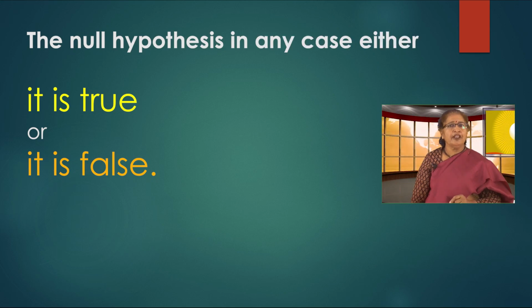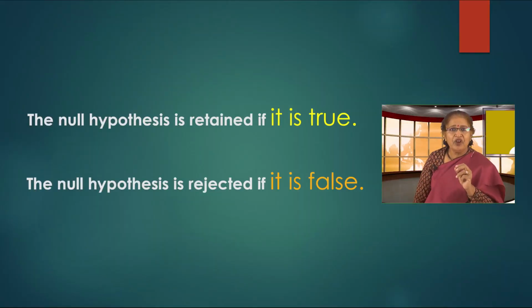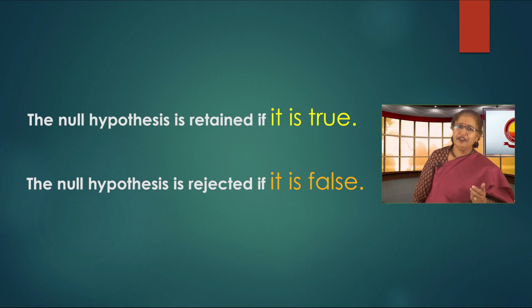We know that the null hypothesis in any case either is true or it is false. In the same way, we may take two types of decisions. We may reject it or we may retain it.